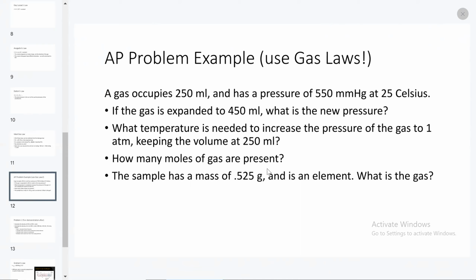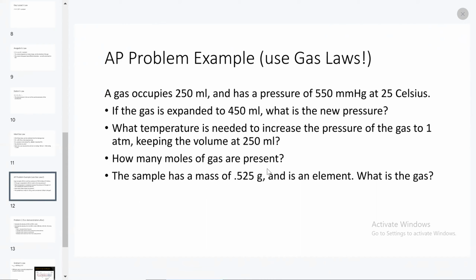And can someone tell me the temperature in Kelvin? In kelvins. Great, 298.